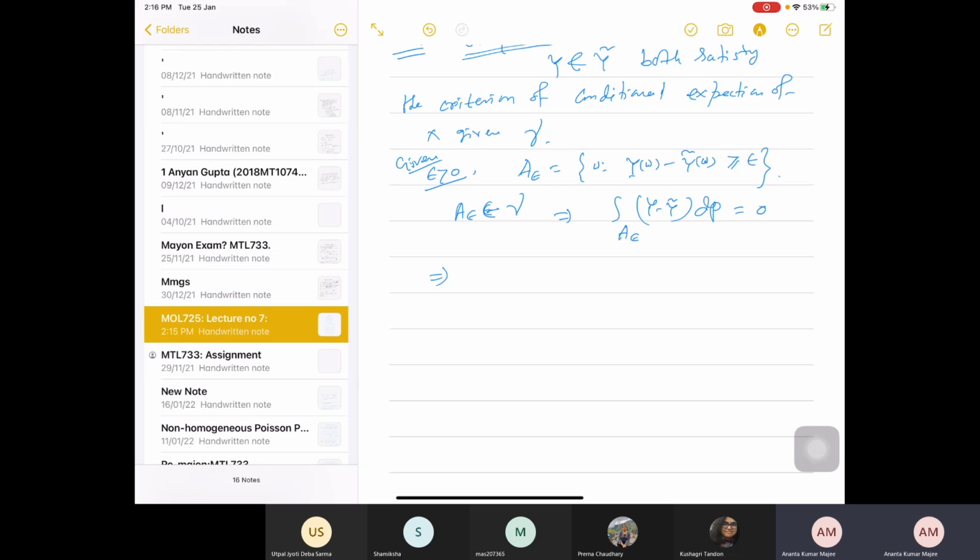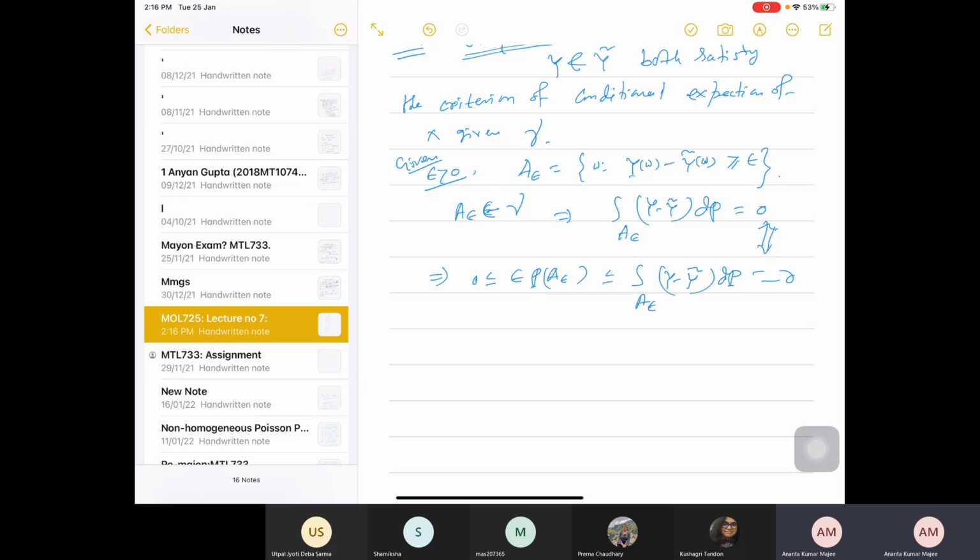On the other hand, on this set A epsilon, epsilon is less than or equal to y minus y tilde. So 0 is less than or equal to epsilon times P of A epsilon, and this is less than or equal to the integral over A epsilon of y minus y tilde dP. But this one is actually equal to 0, as I have from here.